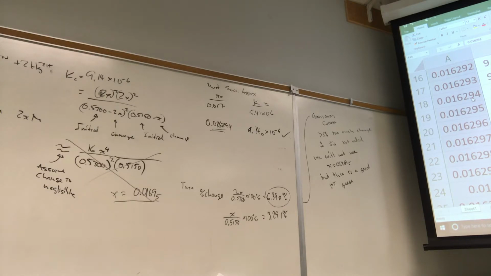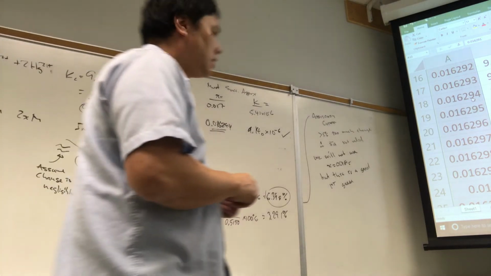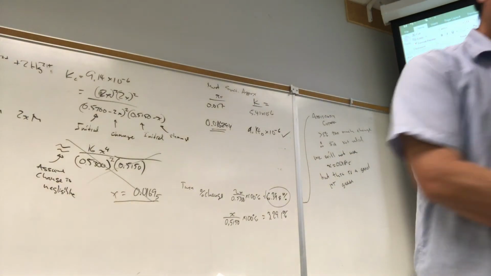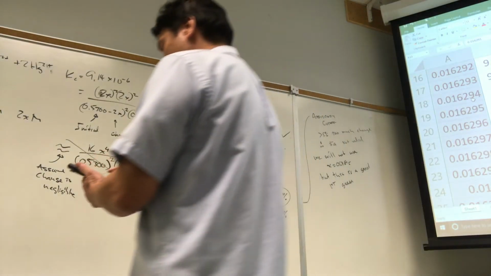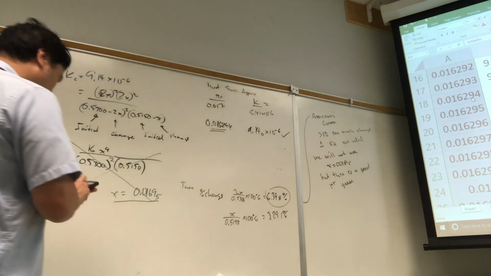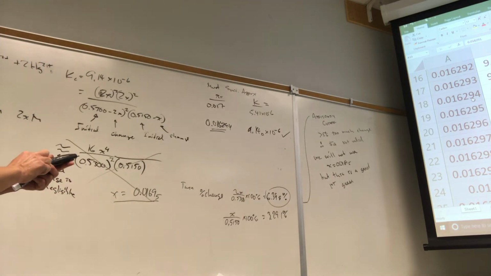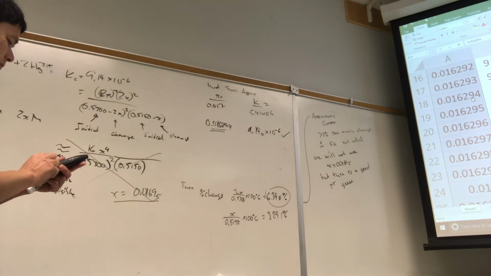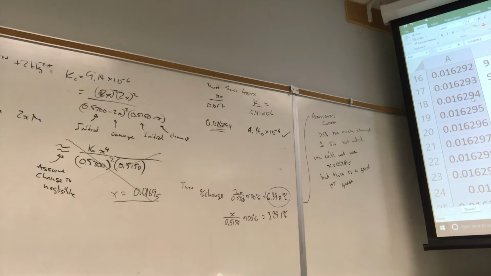And so now we can calculate the equilibrium concentrations. 2 times 0.016294 is equal to what? 2 times 0.016294 equals 0.03258.